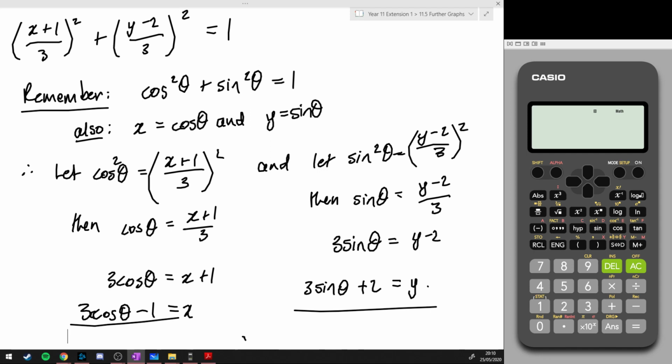With that being said, we can generalize what we've just done with two formulas.